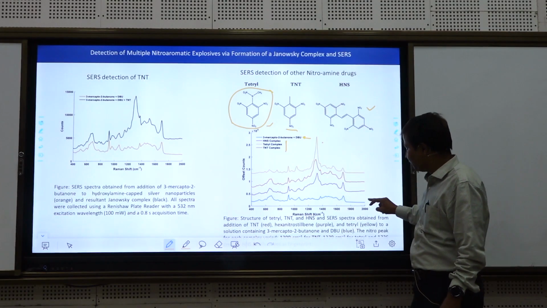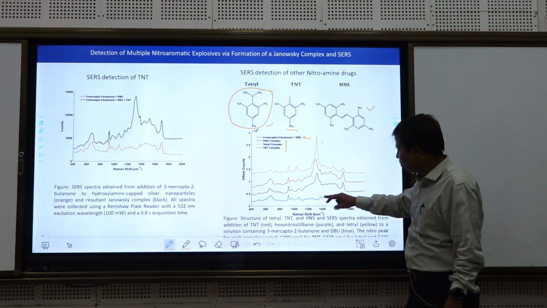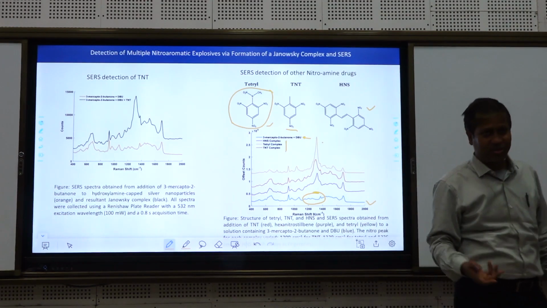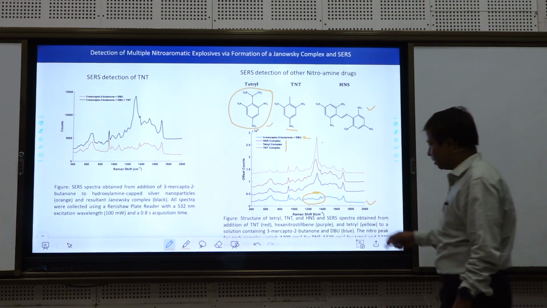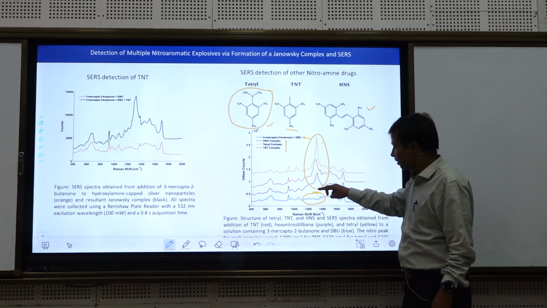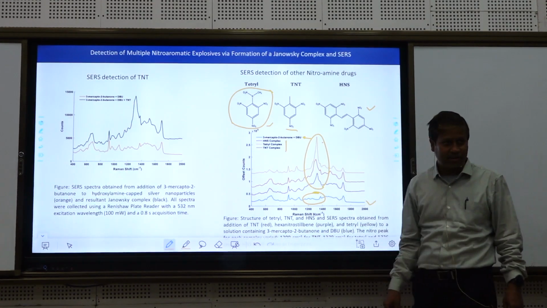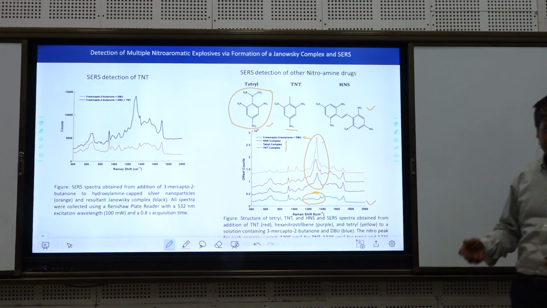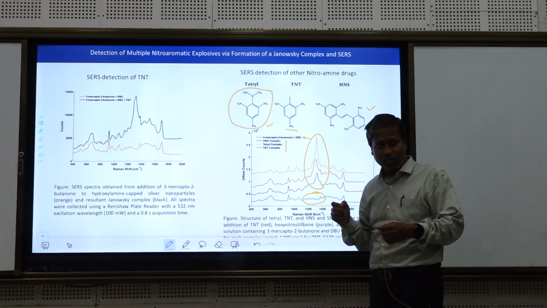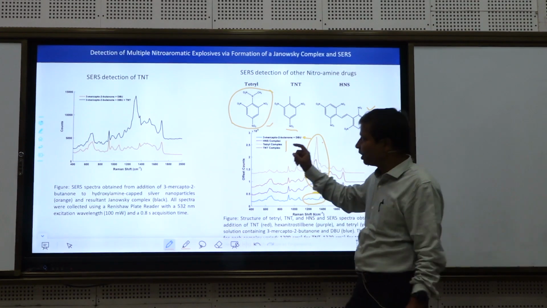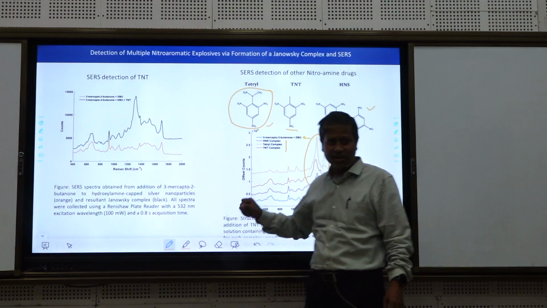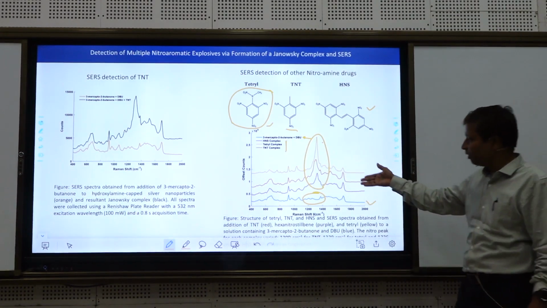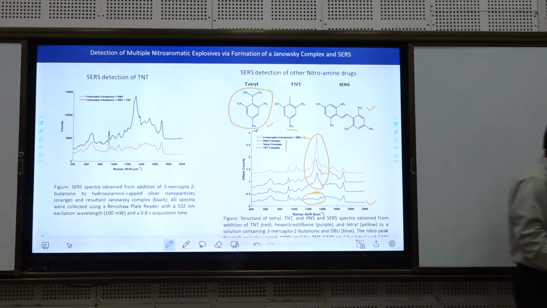So in every case, if you compare with this one, you see the peak indicating the presence of explosive, and it's very clear. So this SERS can detect the explosive. The only thing is that you have to take out the compound, react it with that reagent, and then make a layer of the SERS material and detect it very nicely.